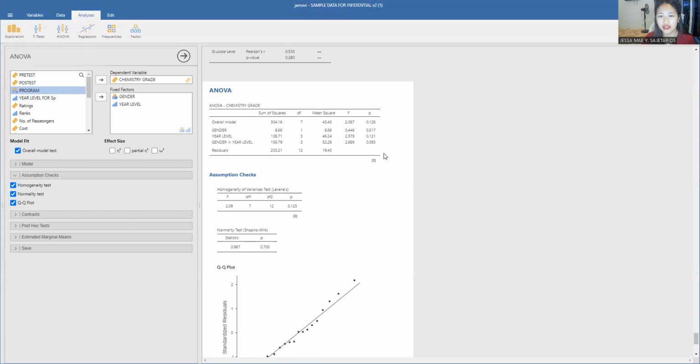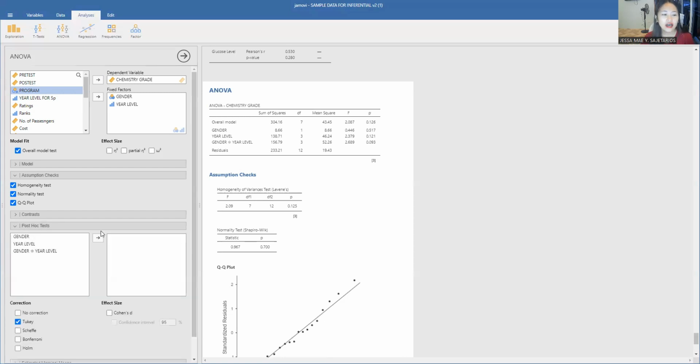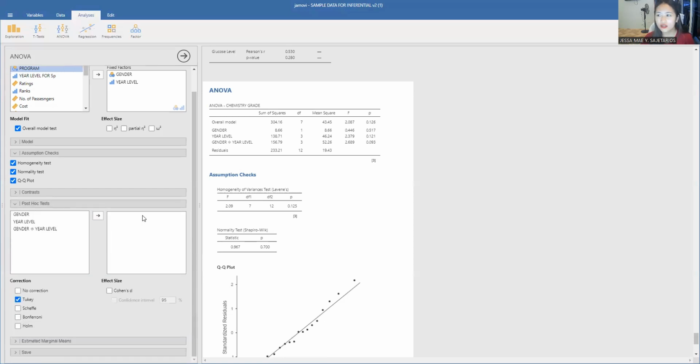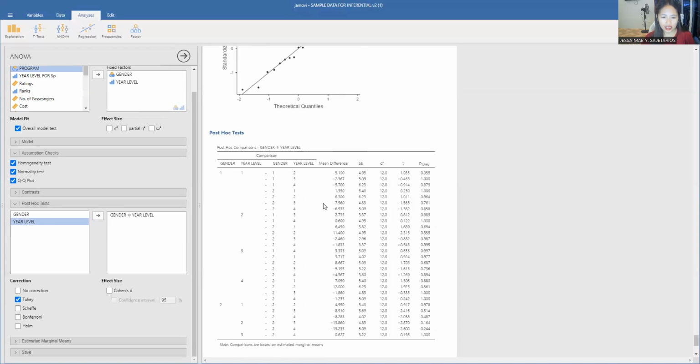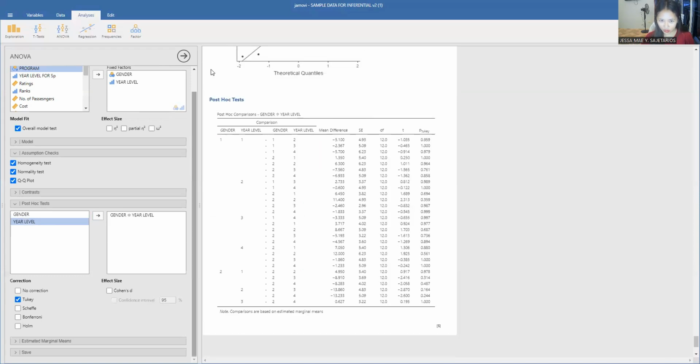But in case this is less than 0.05, or there is a significant difference, to get the Tukey, just click post-hoc test, then the gender and the year level, then we'll see the result.